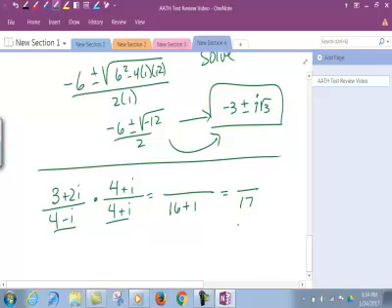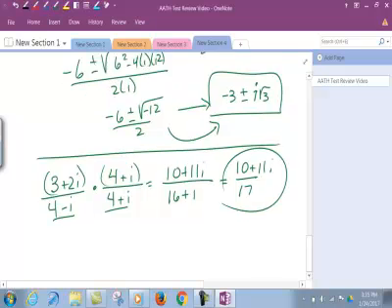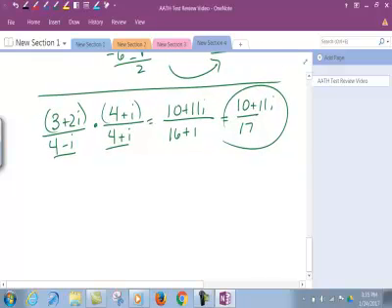So 17 is going to be our denominator. And then in the numerator, we simply want to do first, outside, inside, last. And so I'll let you go ahead and see how you get this answer of 10 plus 11i over 17. All right, so make sure you can do a problem like that.